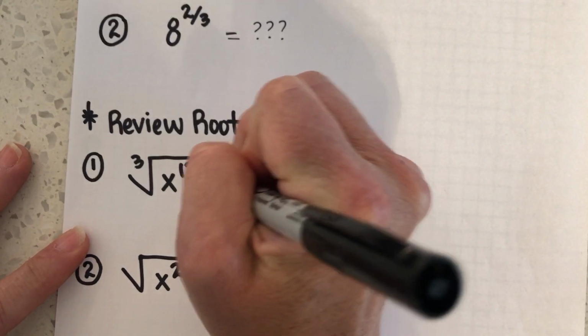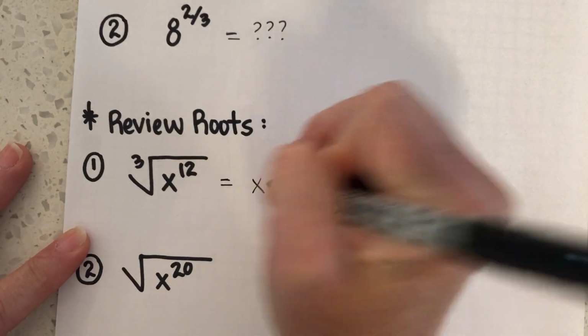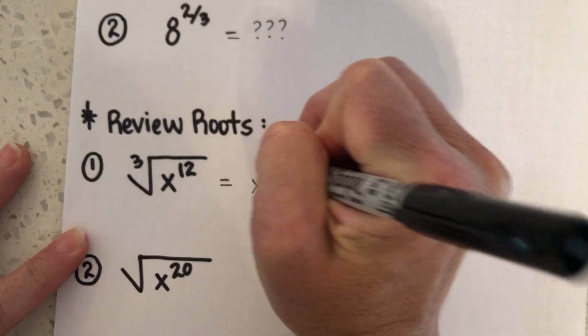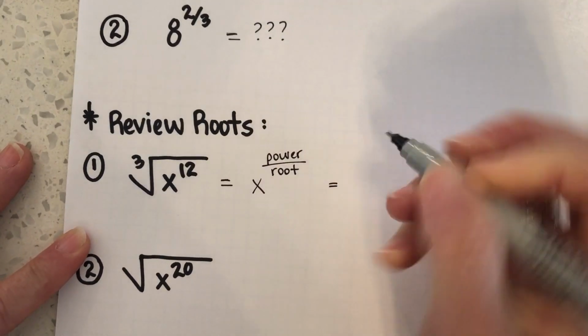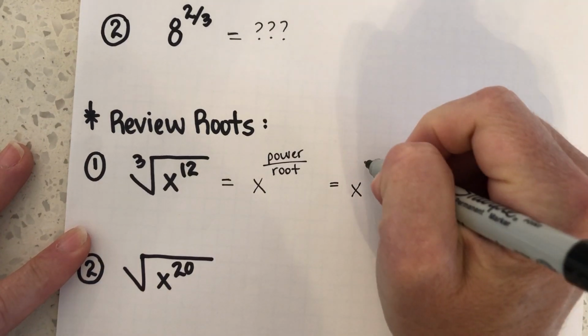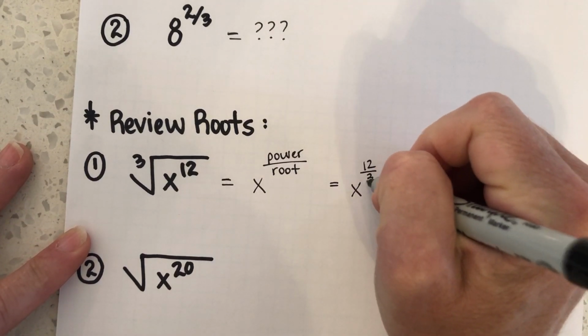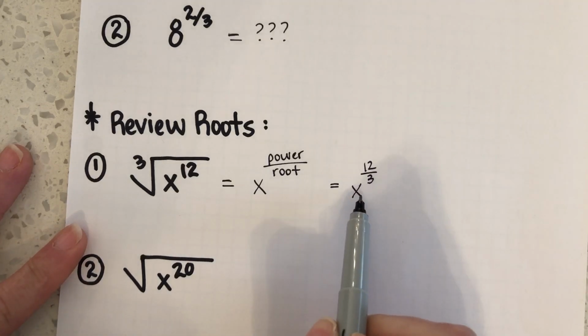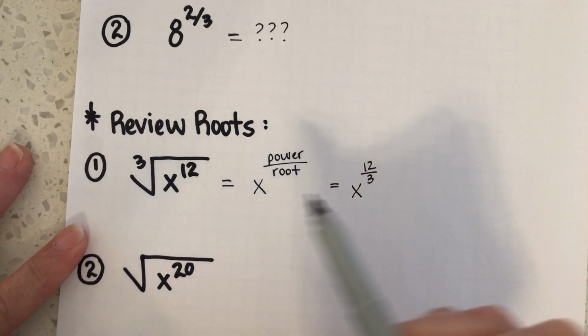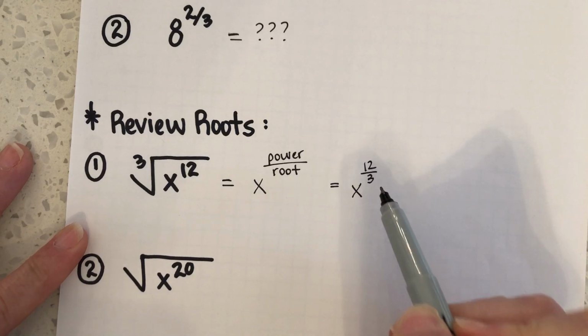The shortcut said it's going to become x to the power divided by the root. So this is going to become x to the 12 divided by 3. The root. So technically, when you're taking the root of an exponent, it turned into a fractional exponent.